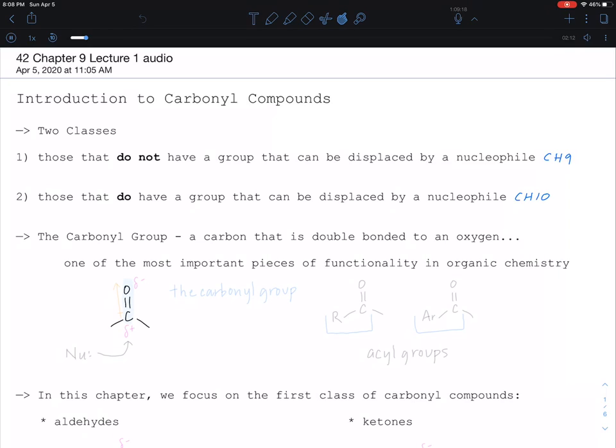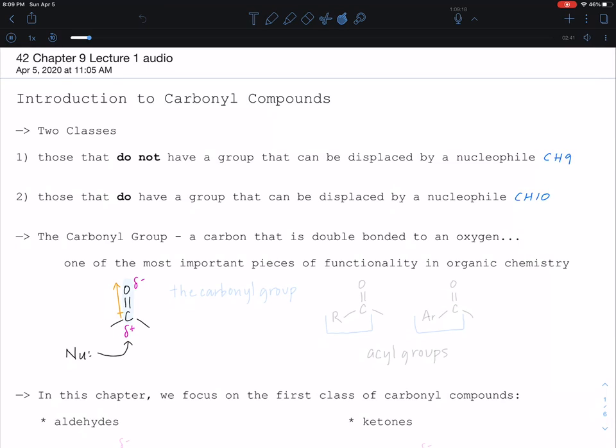In general, we've got a dipole moment going up in this direction, which puts a partially negative charge on the oxygen and a partially positive charge on the carbon. And so this particular carbon is susceptible, due to that partial positive charge, to attack by some nucleophile.